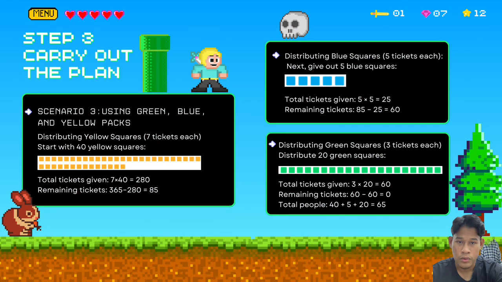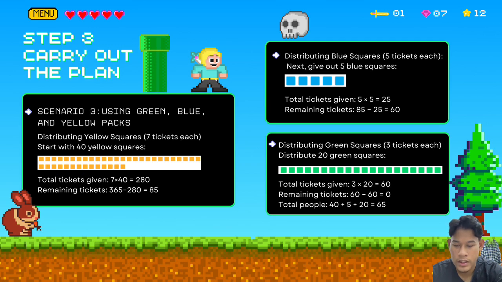So we have reached the final scenario, which is we use all three colors of packs. First, we use yellow packs first, which is we start with 40 yellow squares. So 7 multiplied by 40 equals 280.